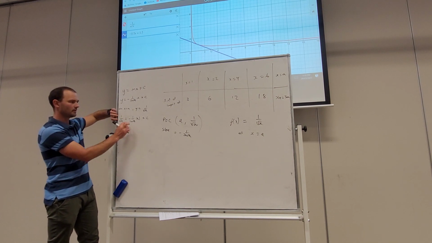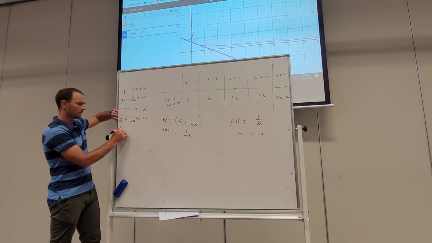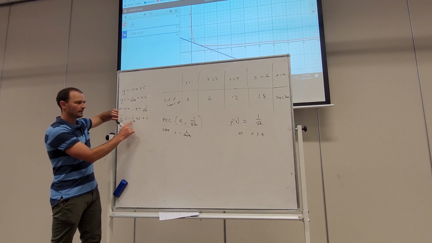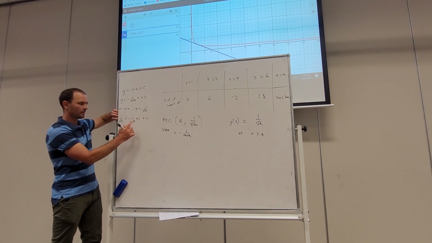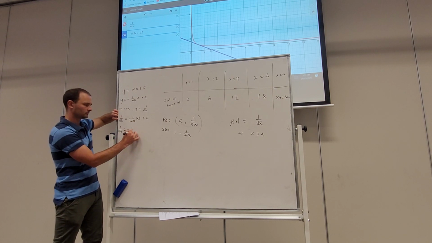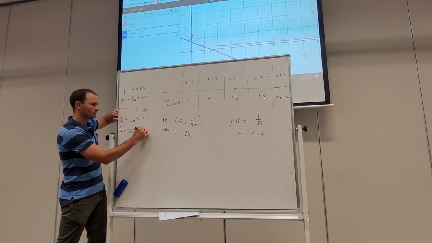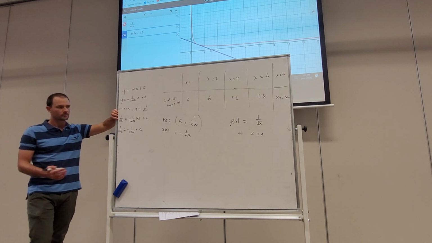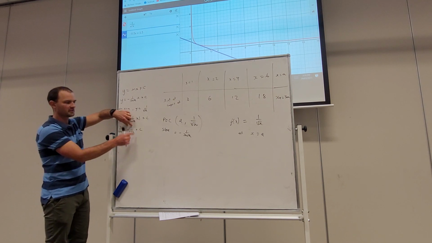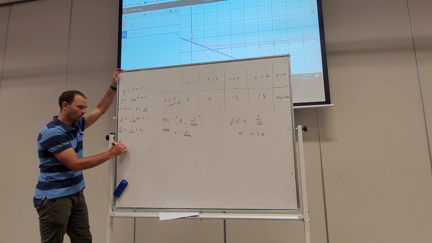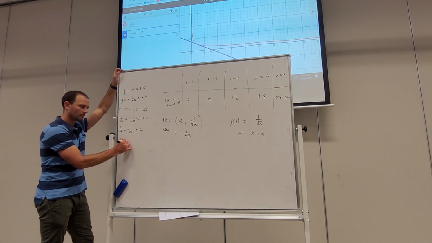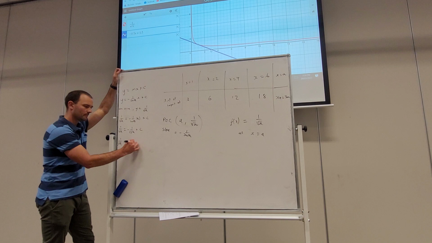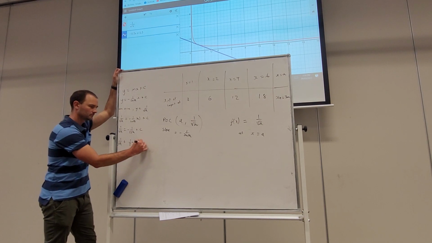Okay, so we'll process this a bit. I'm going to simplify it first. Now here I've got a at the top and a at the bottom, so they're going to cancel. We want to get c by itself, so we're going to add this component to both sides. So over here we've got 1 on root a plus half times 1 on root a.